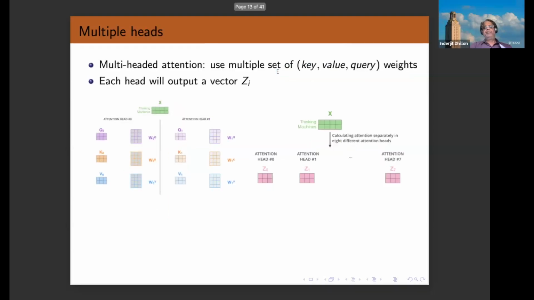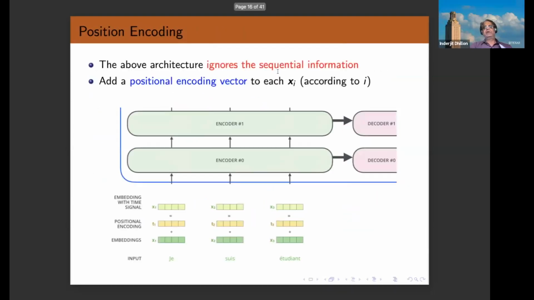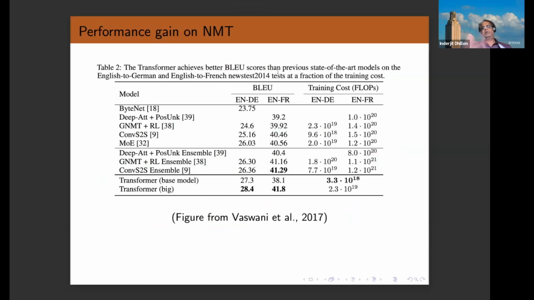Okay, let's see. This is the main application they were trying in the transformer paper, again neural machine translation.